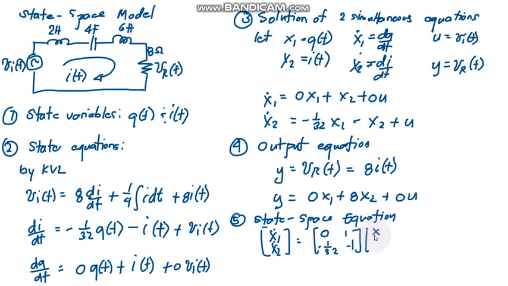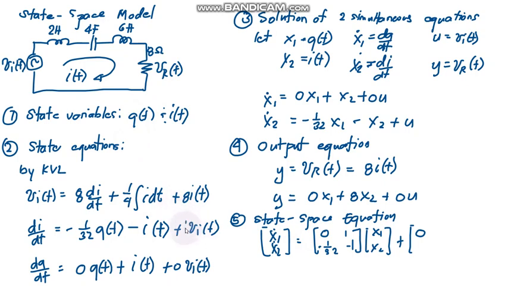Okay, that is x1 x2 plus the matrix 0 and... okay, so we lack 1 over 8 here, no?